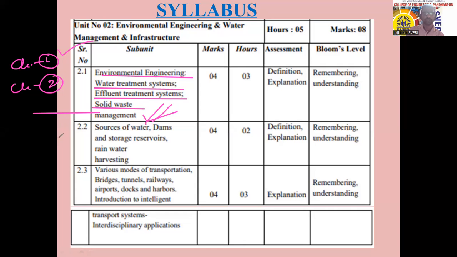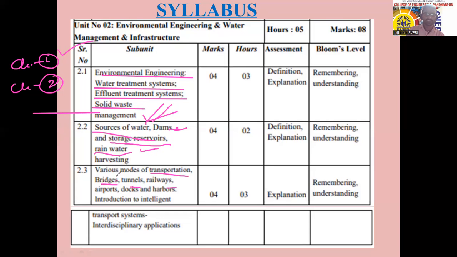In the last class we started sources of water, then storage reservoirs, rainwater harvesting and all. Still we have to cover dams and the hydrological cycle. Afterwards we will move on to transportation, bridges, tunnels, railways.